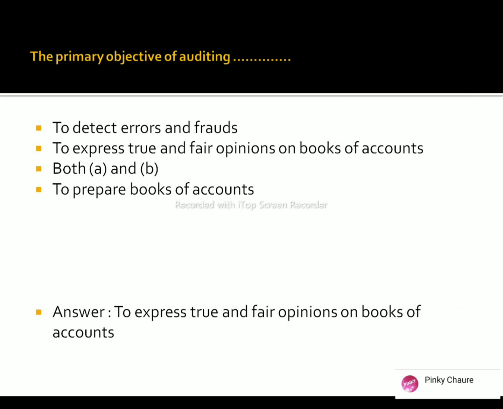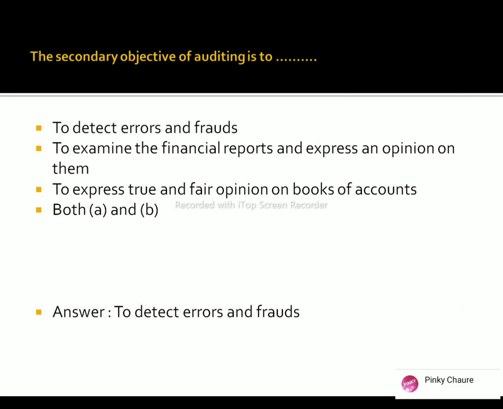Option is to detect errors and frauds, to express true and fair opinion on the books of accounts, both A and B, to prepare books of accounts. Answer is to express true and fair opinion on books of accounts.